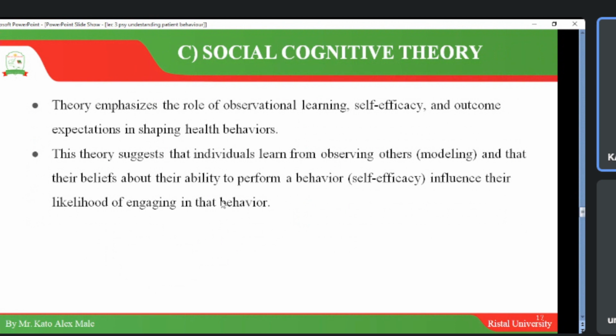So this theory suggests that individuals learn from observing others. It suggests that individuals will learn from seeing what you're doing. You get it? And also their beliefs about their ability to perform a behavior. That is self-efficacy. I've already talked about this, and these influence their likelihood of engaging in that particular behavior.